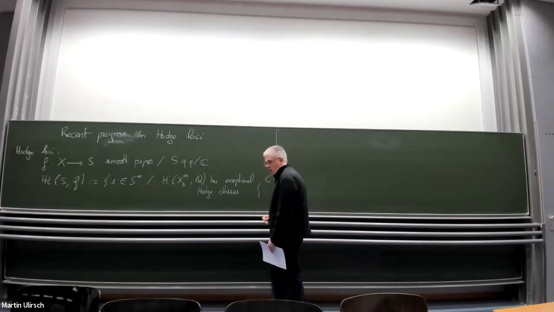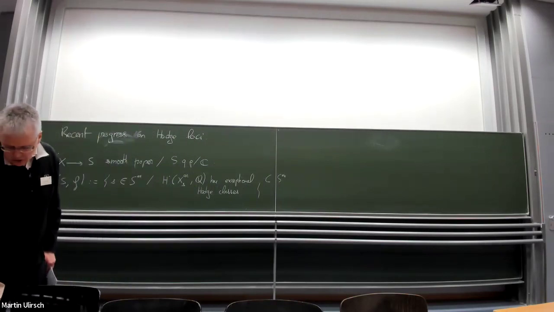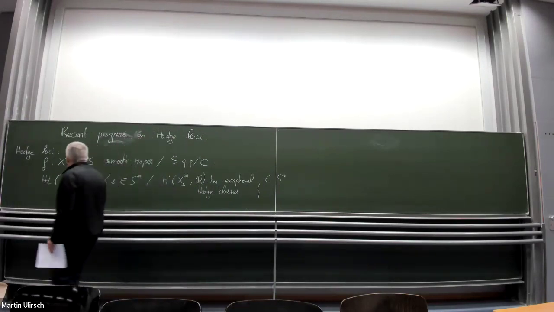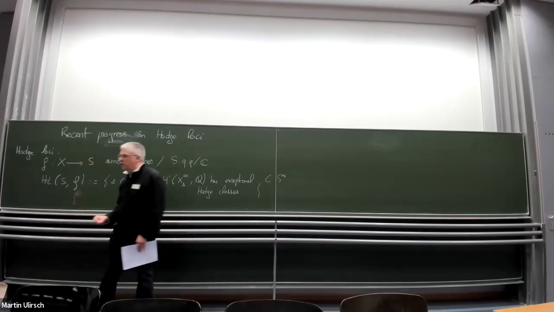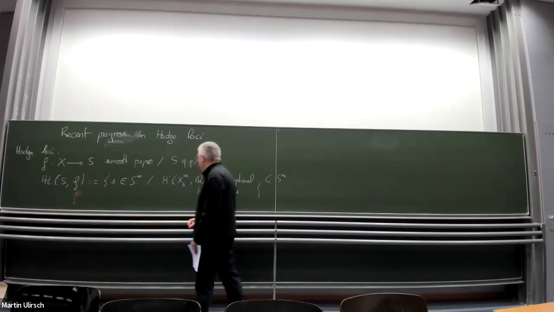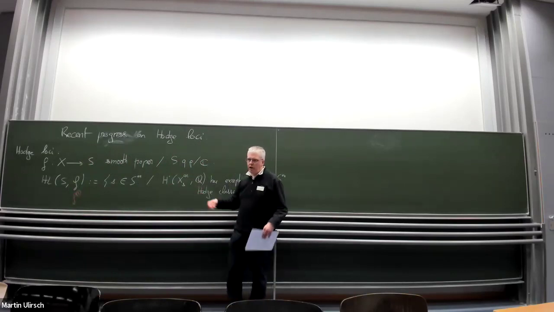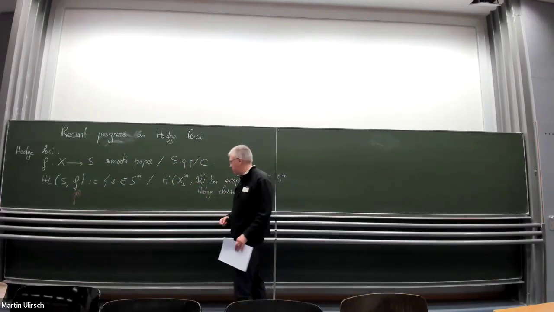Actually, I will need a better version of this, and this will be an important thing in the entire talk. It is better to consider, let me write it this way, the tensor construction, because from the point of view of Hodge theory, it is not very natural to consider only the Hodge structure, but all the Hodge structures tensorially generated by that one.